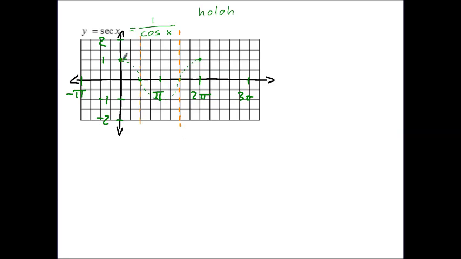Where the cosine is +1, that will mean that the secant is also +1, and where the cosine is -1, that will mean that the secant is also -1.